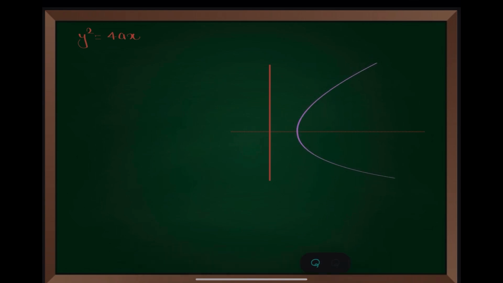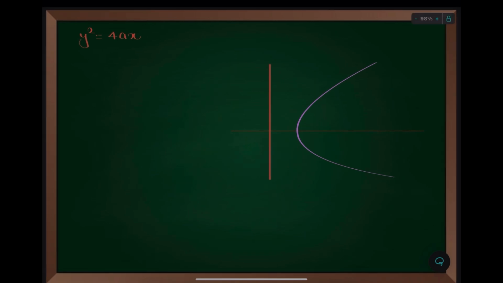Now be super slow. Let me ask you something. So can you please tell me who is this person? This is your focus. Okay, and try to recall your focus. Focus was a comma 0, correct?